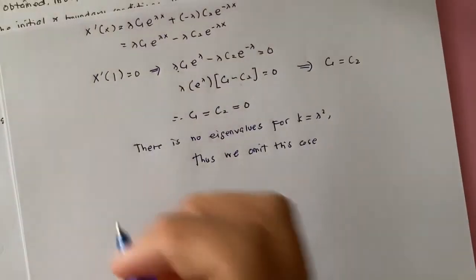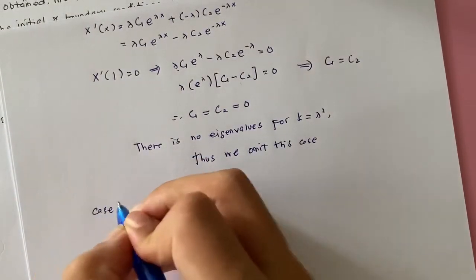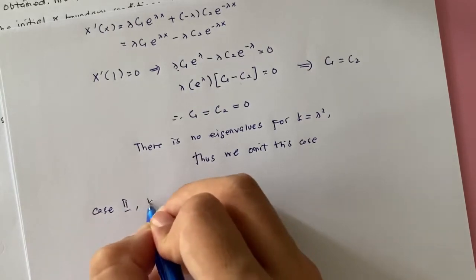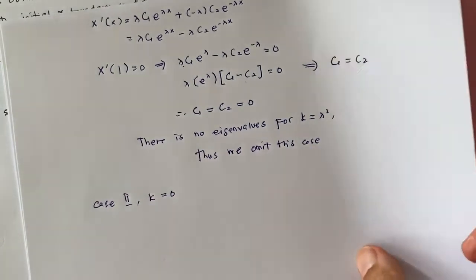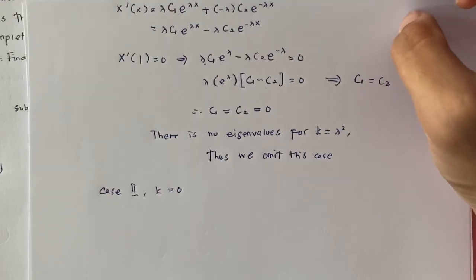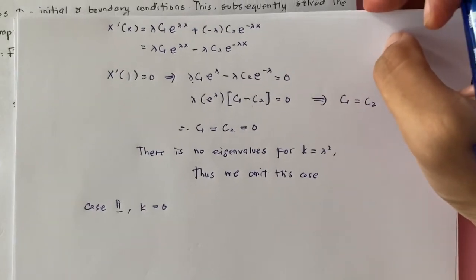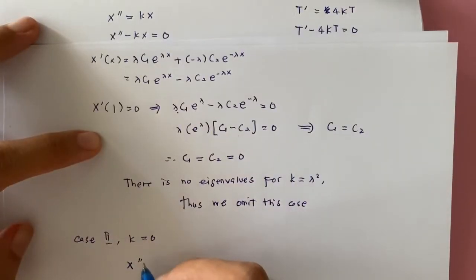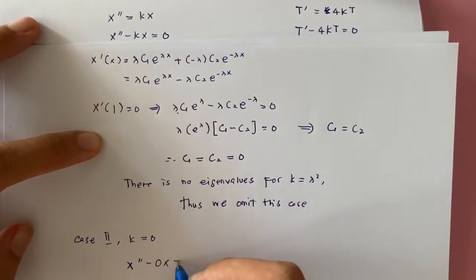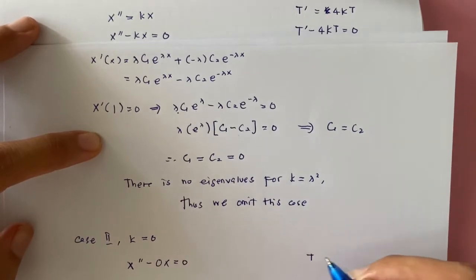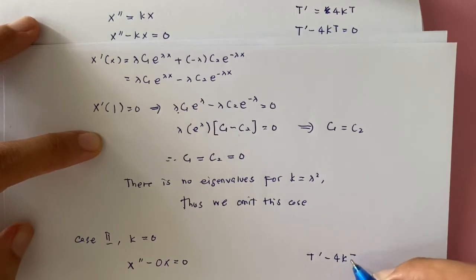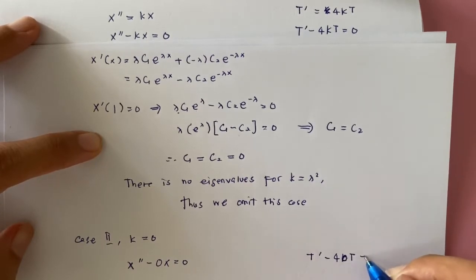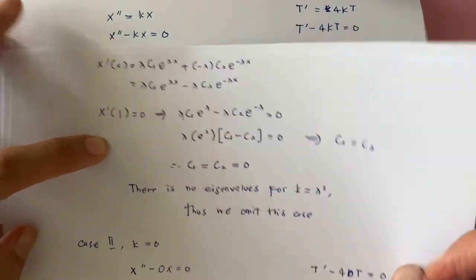Since we cannot solve for the first case, we move to the second case. We try to solve for the second case where k is equal to 0. Let's see if we can have our eigenvalues for the second case. For the second case, x double prime minus 0x equal to 0, and then we have t prime minus 4kt, where k is 0, equal to 0.